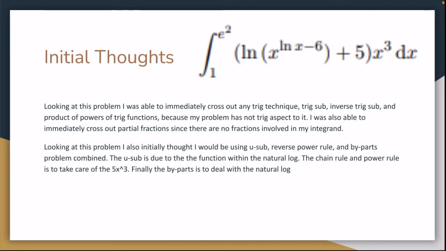And then I identified that I would definitely need integration by parts to deal with the natural log, because natural log doesn't really have an antiderivative that I knew. Because of that, I knew I would have to use the LIATE rule.